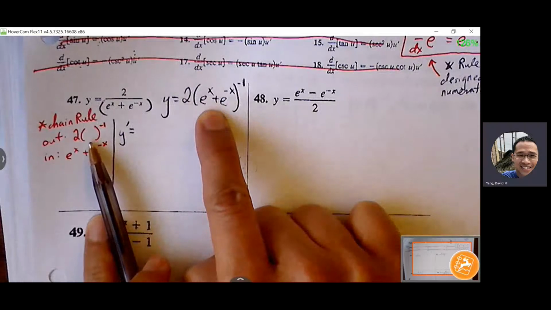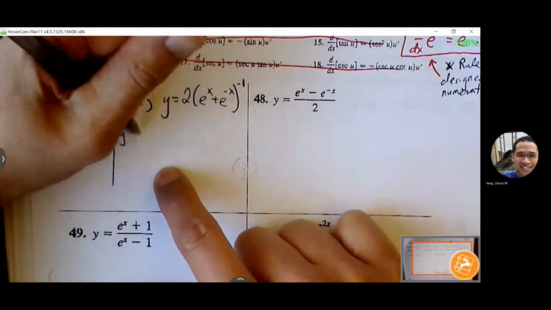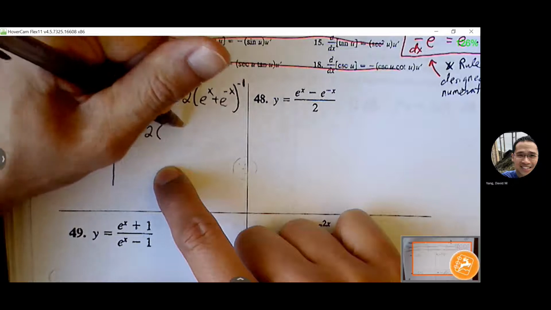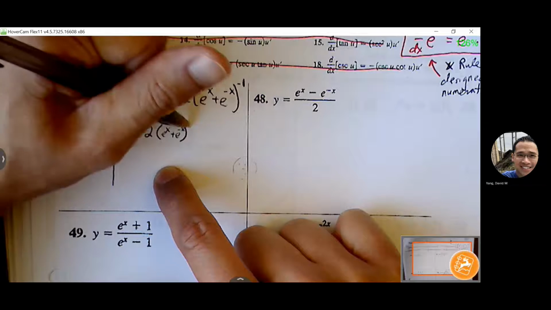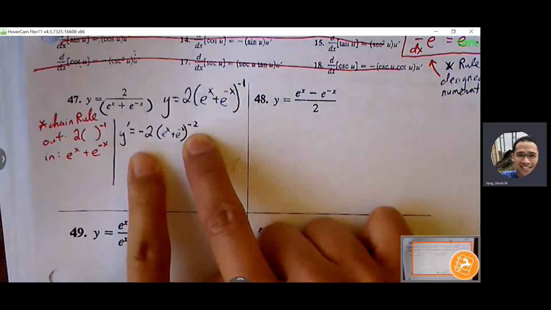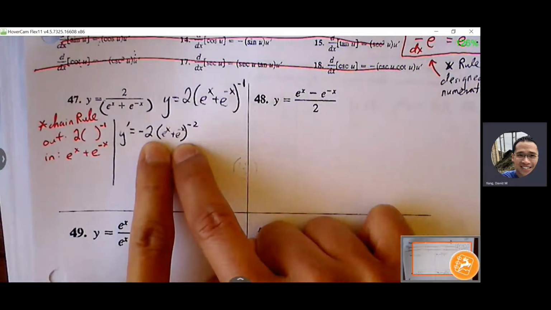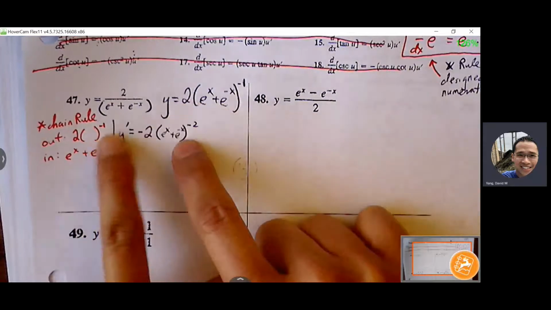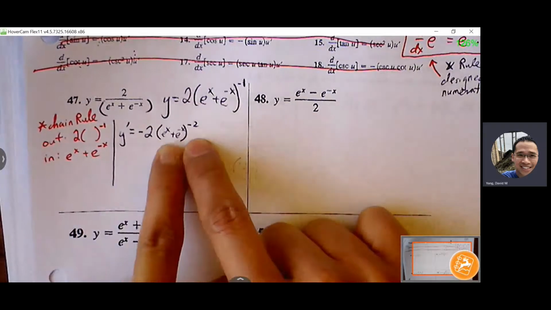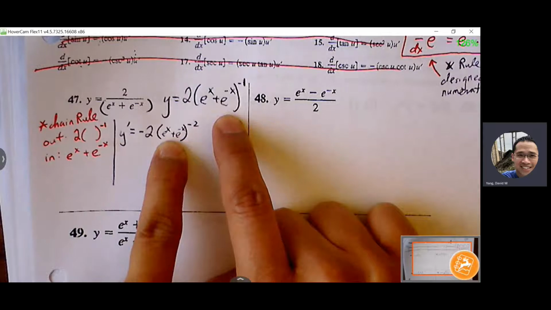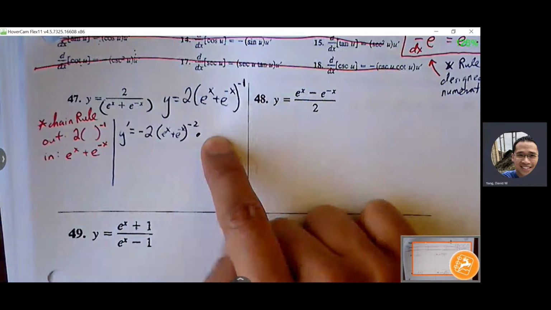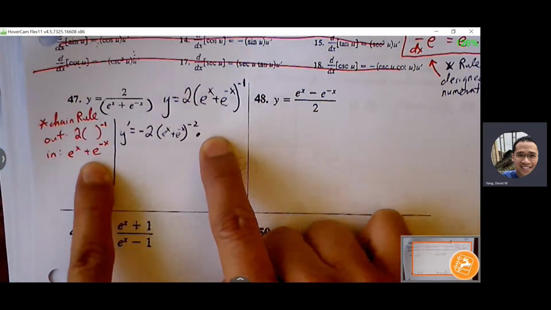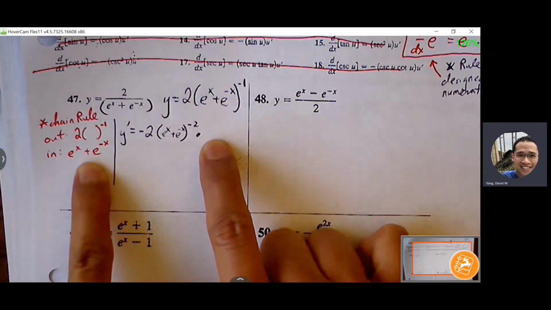Two parentheses to -1 becomes 2. So we treat the parentheses as kind of like a variable. We just do power rule, bring down the -1, subtract 1 from the exponent. The inside we're going to leave intact. We're not ready for it yet until now. In a separate space, we're going to have a designated spot for the inside derivative.